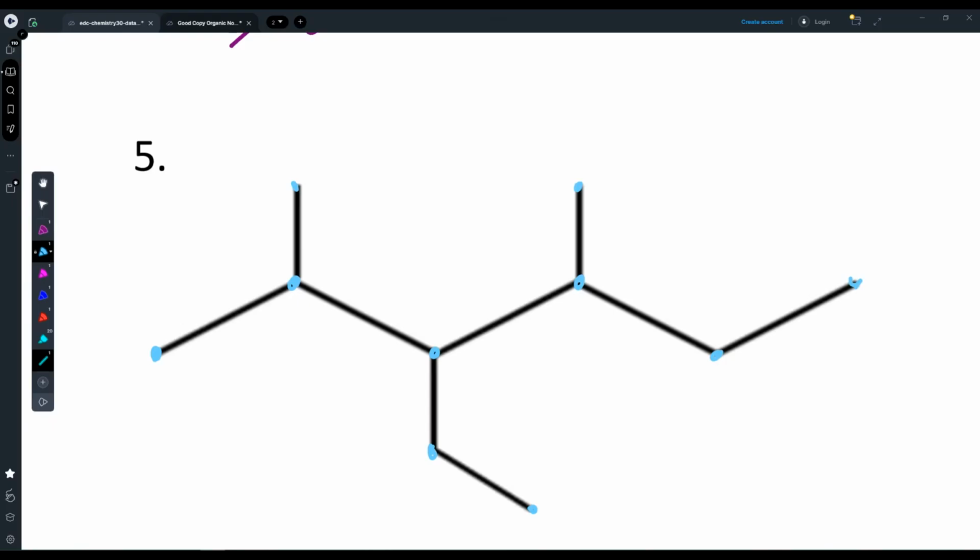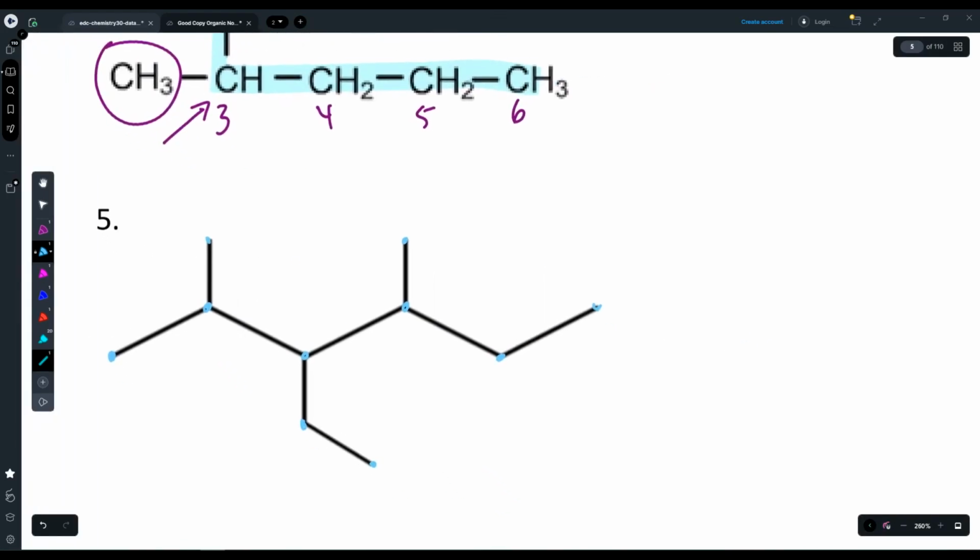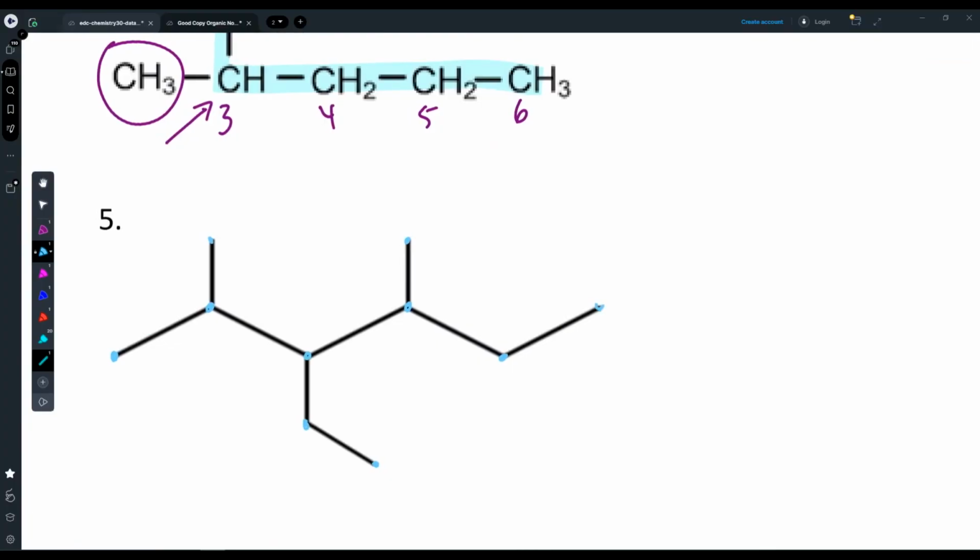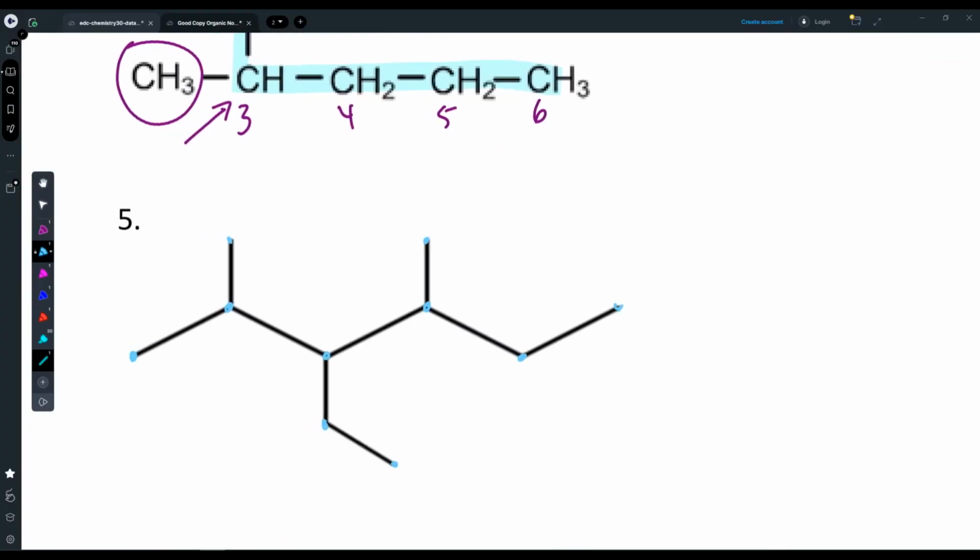Or 3 sticks meet, looking at this one, you got a carbon there. All right, so looking at this, my parent chain is going to be this one. So let's count how many carbons. We've got 1, 2, 3, 4, 5, 6 carbons there.